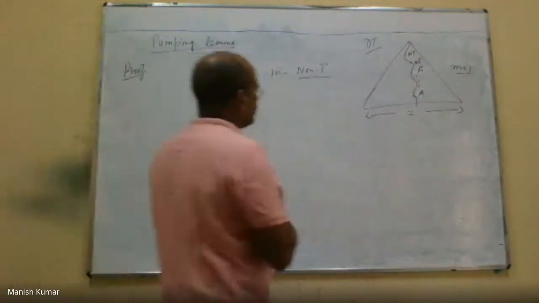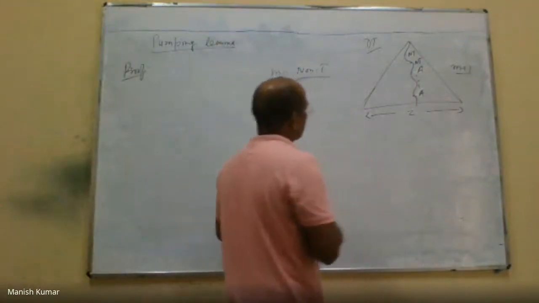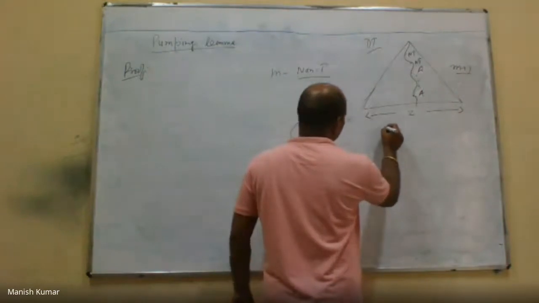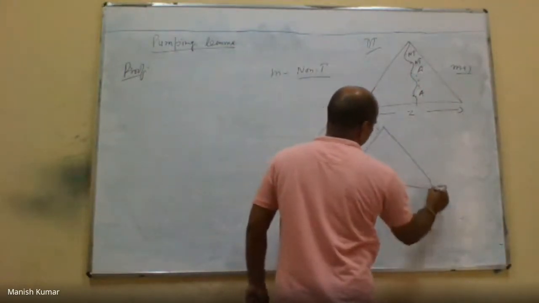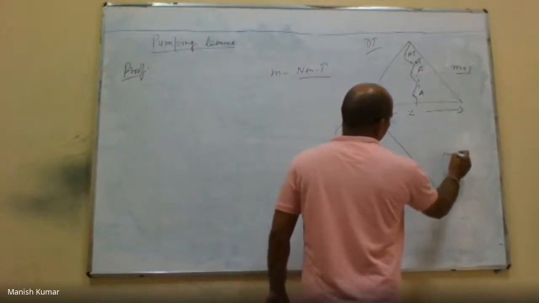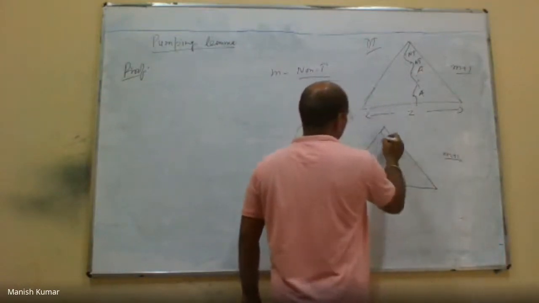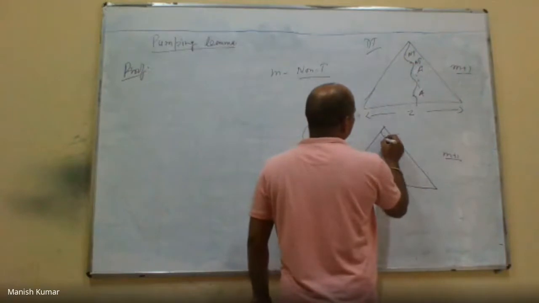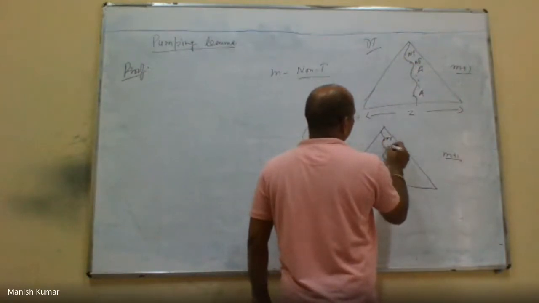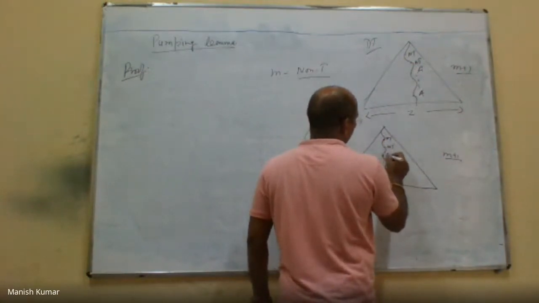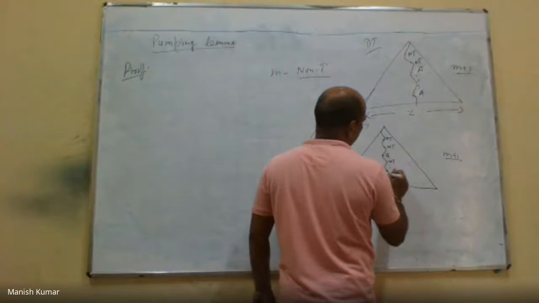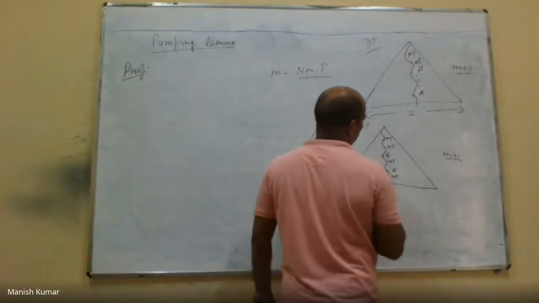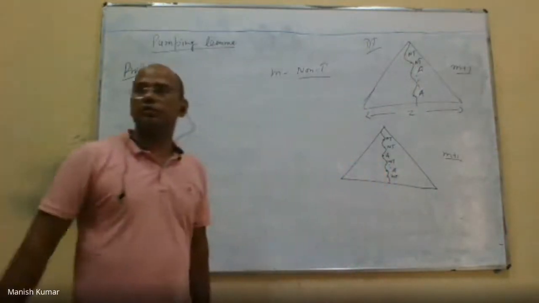So what will happen is this: with the nodes A, B and C, this is the instance.